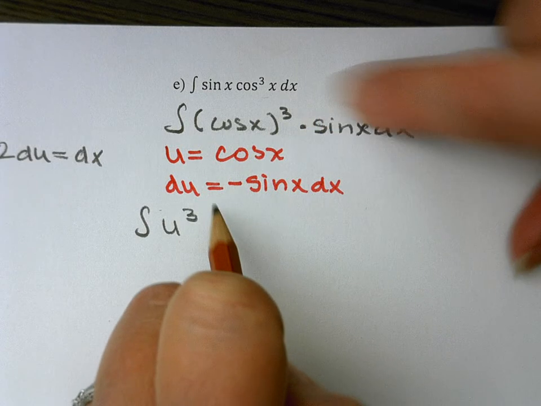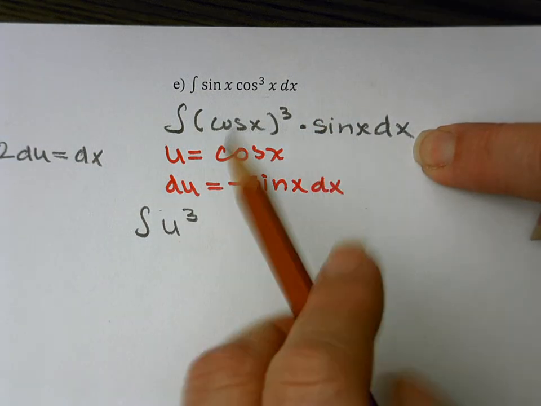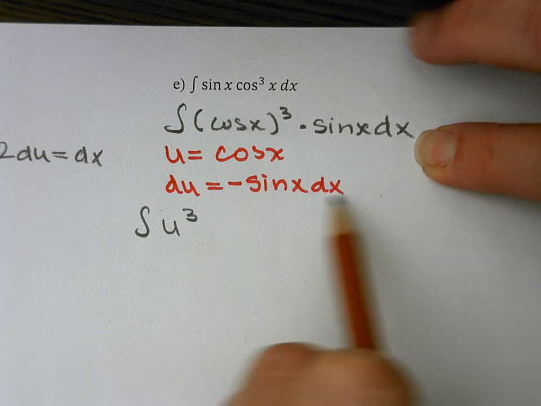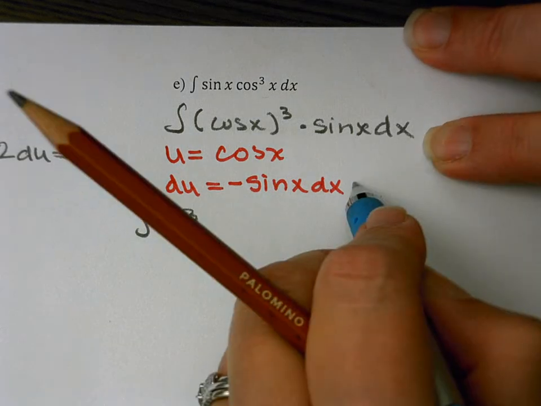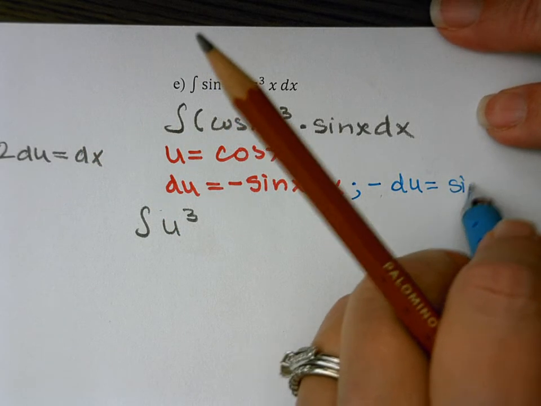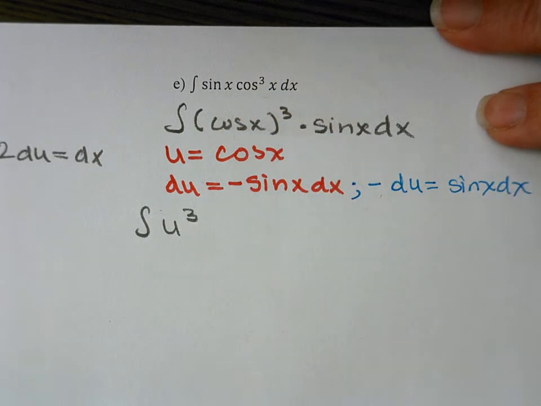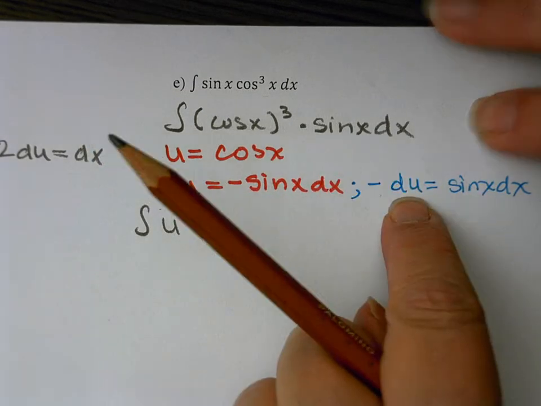And then now I need a replacement for the remaining terms, so that would be sine of x and dx. So if I look down here, I have close to a sine of x dx. So I'm just going to divide that negative 1 over to the other side, so then that means I would have negative du is equal to sine of x dx, right? And so then now sine of x dx will be replaced with negative du.